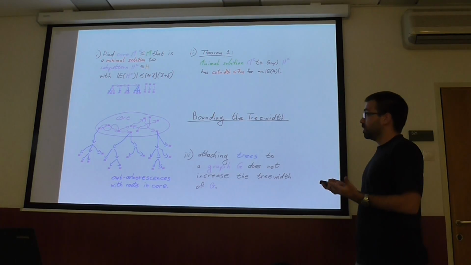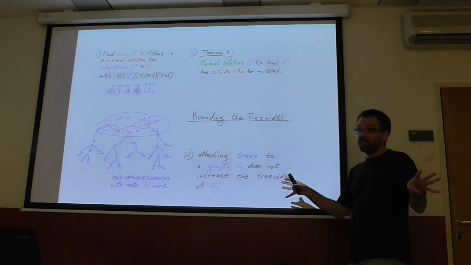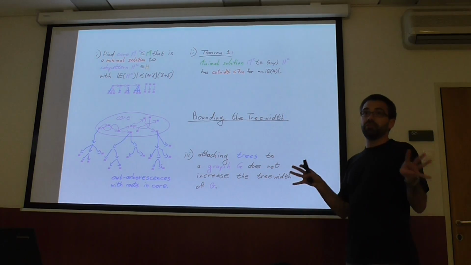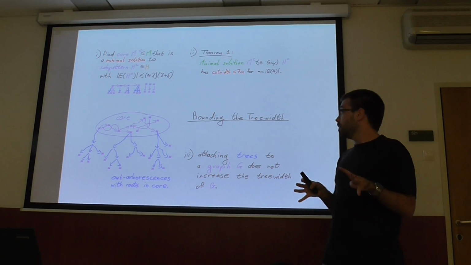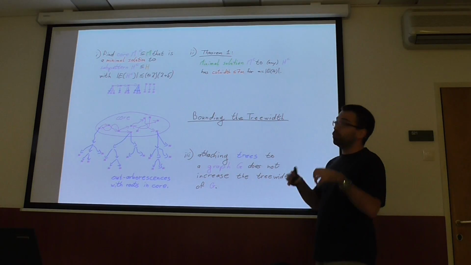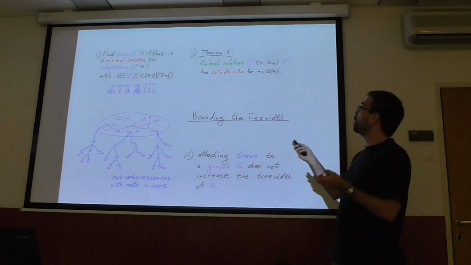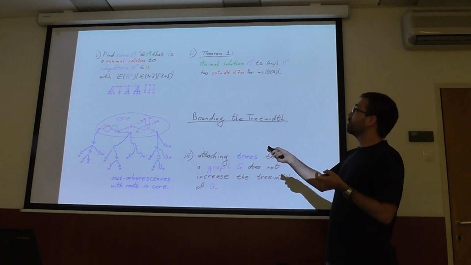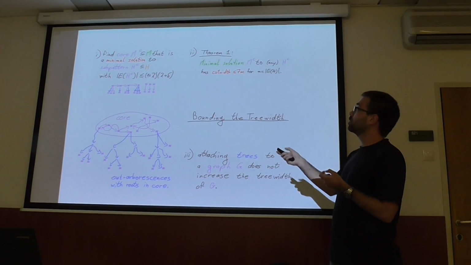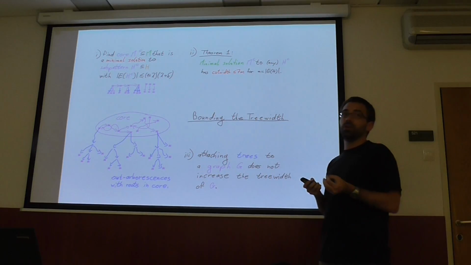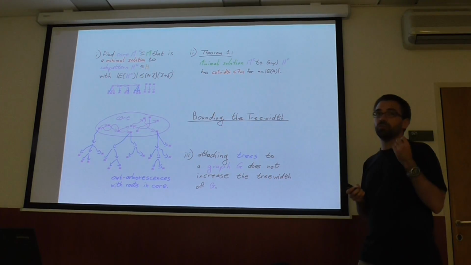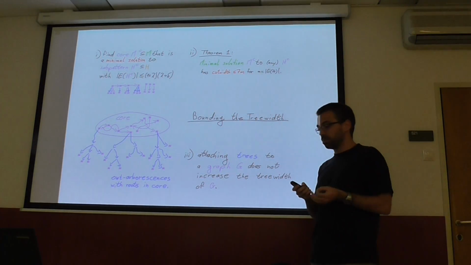And it's a simple observation that attaching a bunch of trees to a graph doesn't increase the tree width. Therefore, the tree width of the minimal solution is bounded in the tree width of the core. And using this bound on the number of edges of the subpattern, we get exactly our theorem about the tree width of minimal solutions to almost caterpillars.